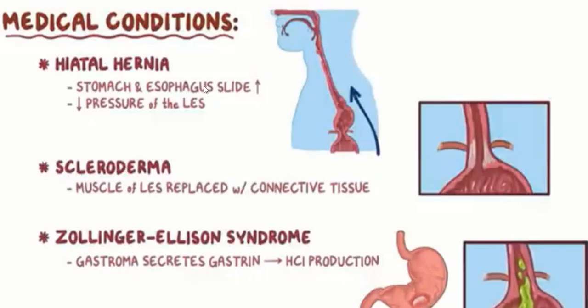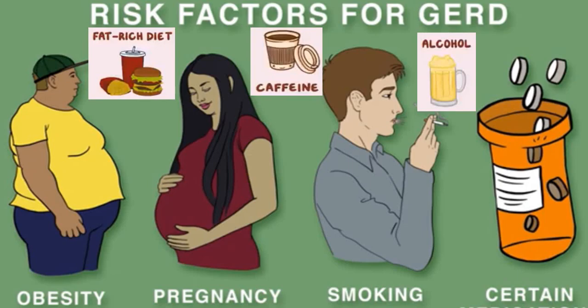So among the medical conditions, hiatus hernia, scleroderma, and Zollinger-Ellison syndrome will increase the acid production, and by increasing the acid production, the chance of peptic ulcer disease will be high, and indirectly there may be an increased chance of GERD.